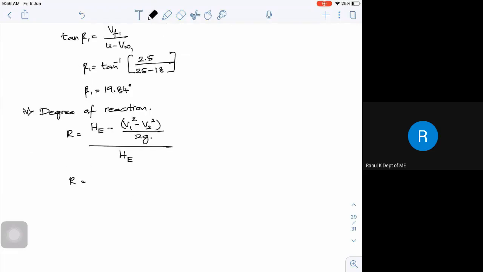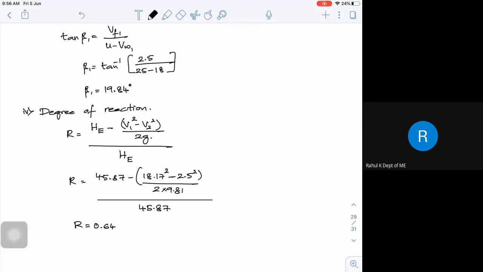So R is equal to, what is my Euler head, which I have already calculated, is 45.87, and V1 is 18.17 square minus V2, which is equal to Vf from the outlet velocity we already calculated, divided by 2 into 9.81, whole thing divided by 45.87.